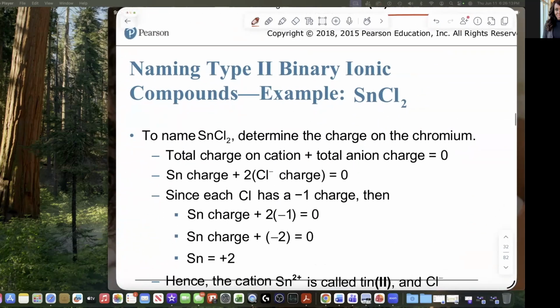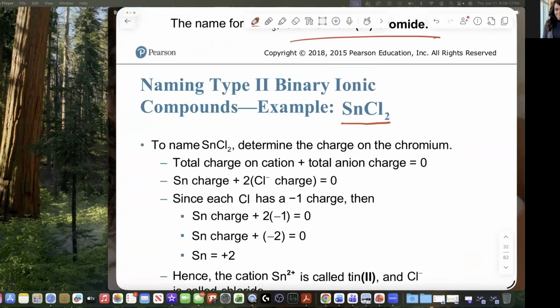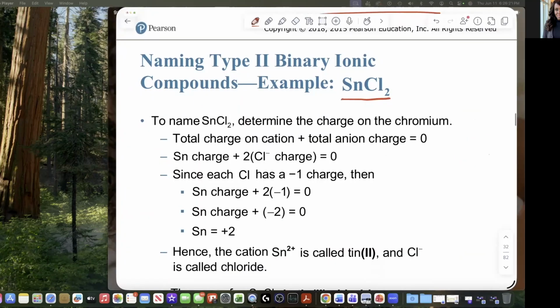Moving on to this next one, SnCl2. You can do it that way or you can do it the math way. Let me do it the math way in this slide for this one here. SnCl2. The math way, you have to understand that ionic compounds are made up of ions of opposite charges combining together to form a neutral compound with no charge.